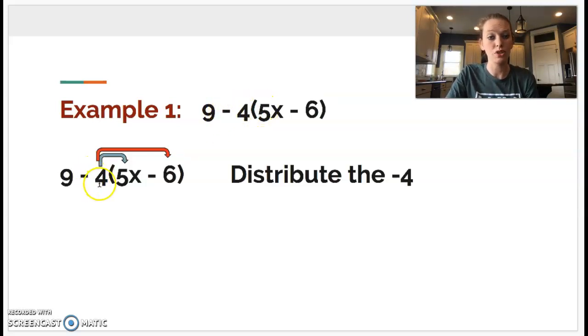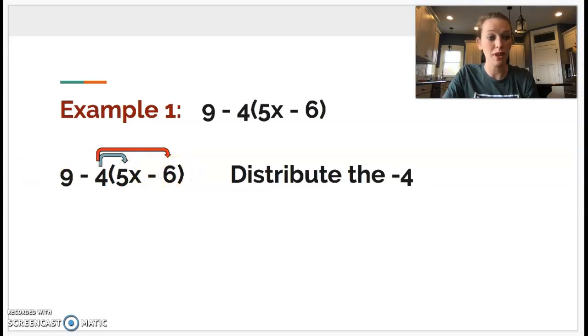So we're going to distribute that 4. Distribute means pass out to each part that's inside the parentheses. And since there's two things inside the parentheses, we're going to pass out the 4 to the 5x. And parentheses means times. That means we're going to be doing the -4 times the 5x, and then the -4 times that -6.